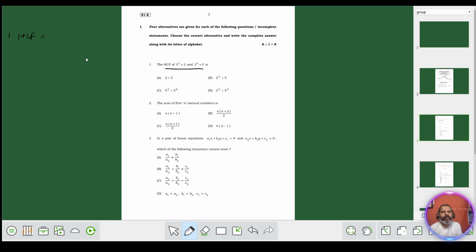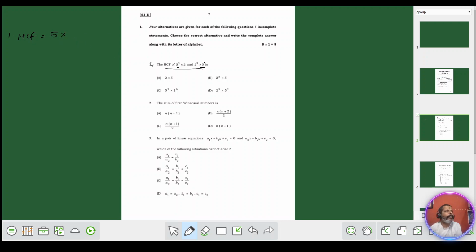HCF means you have to pick all the common factors with the lowest powers. Between 5 square and 5, the lowest is 5 to the power 1, so we pick 5.